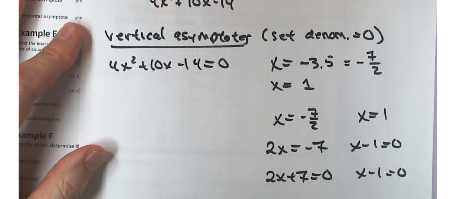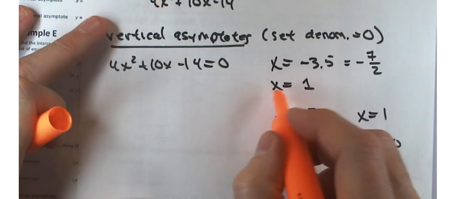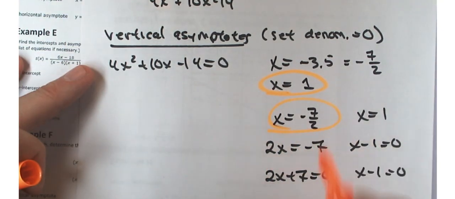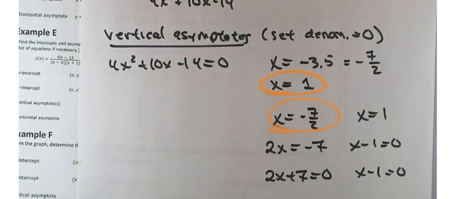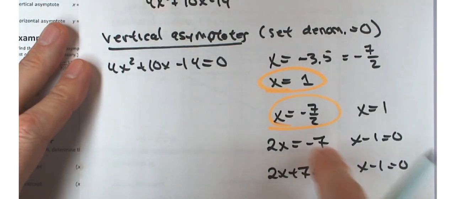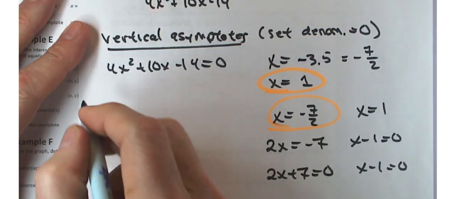So, all right, I've got the factorization. I can tell where I'm going to have my vertical asymptotes. I'm going to have vertical asymptotes at 1 and at negative 7 halves. But by the way, as a nice little aside here, this also gives us a way to factor this polynomial, right? There's a greatest common factor of 2.